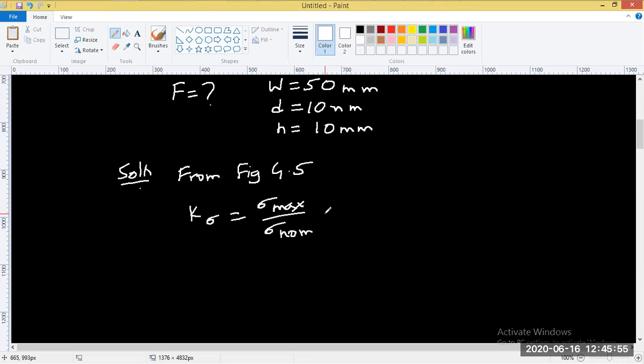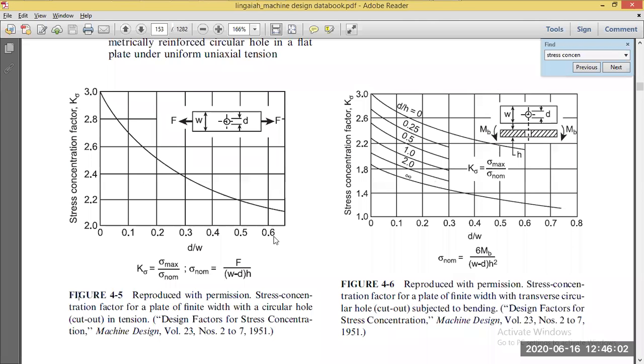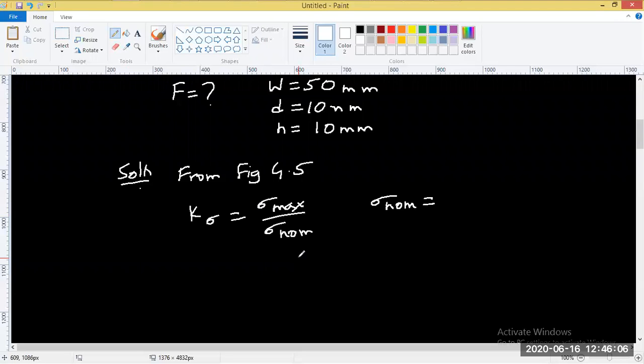That is the nominal stress value. Sigma nominal is also given for you. Sigma nominal is F, the force, divided by (W minus D) into H. F by (W minus D) into H.